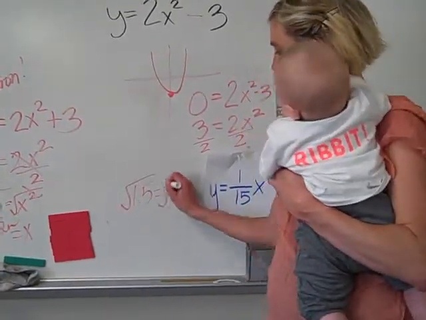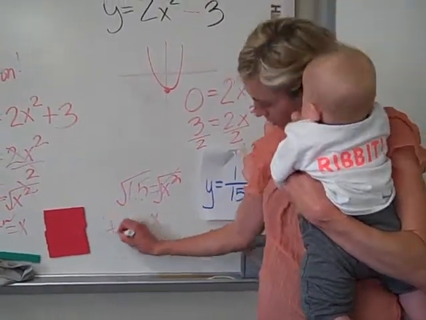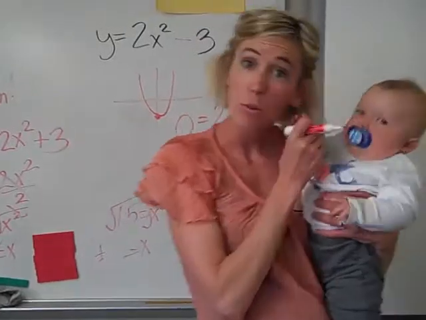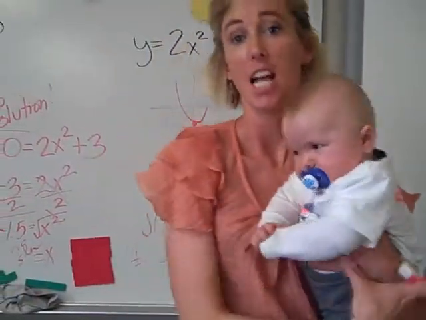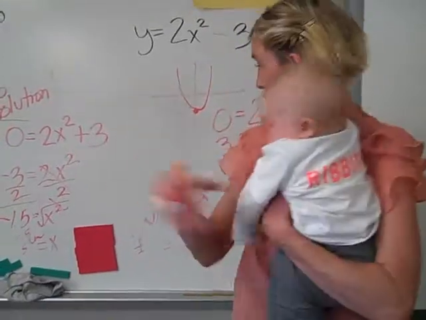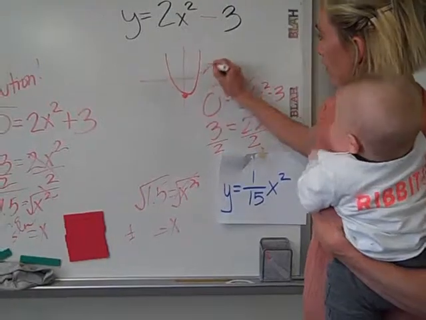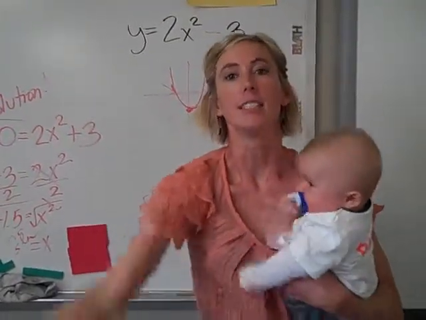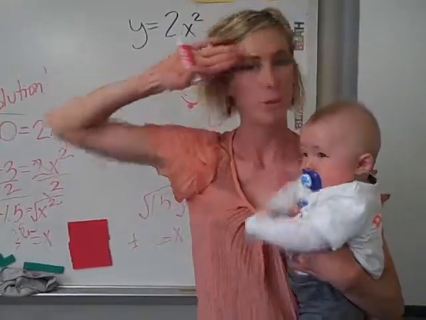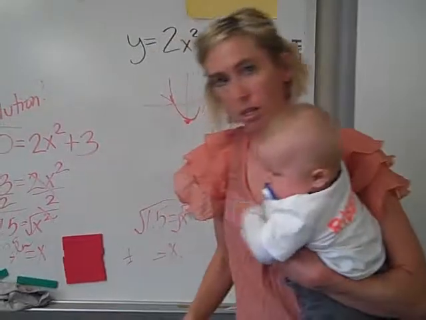Take the square root of that, and I'll get my x value at plus or minus the square root of 1.5, which is, I don't know off the top of my head. So you're going to have to do that calculation. But the positive answer is here, and the negative answer is right there. So that is essential 9. Done.